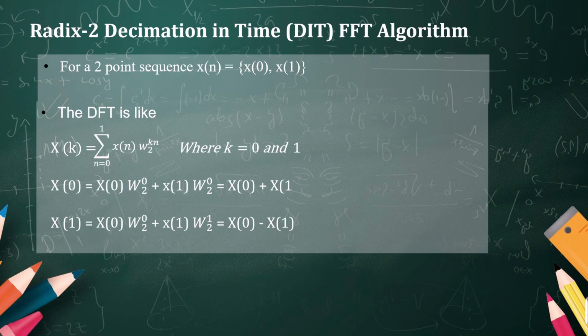For a 2-point sequence, x(n) is x0, x1. The DFT is X(k) equals the summation for n equals 0 to 1 of x(n) W_2^(kn). X0 is equal to x0 W_2^0 plus x1 W_2^0, which is x0 plus x1. X1 is equal to x0 W_2^0 plus x1 W_2^1, which is x0 minus x1.